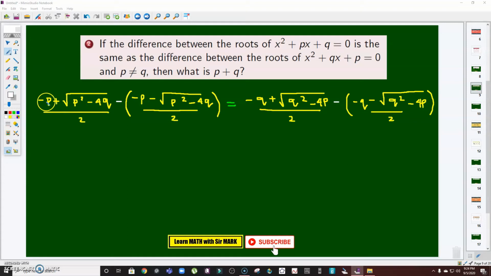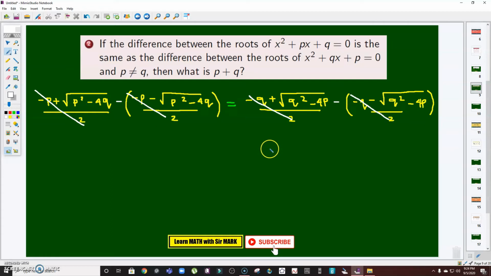Take note, this is negative p over 2, while this one is negative of negative p over 2. So technically, this just cancels, because that's just negative p over 2 plus p over 2. Similarly, this negative q over 2 cancels because this one is positive q over 2.